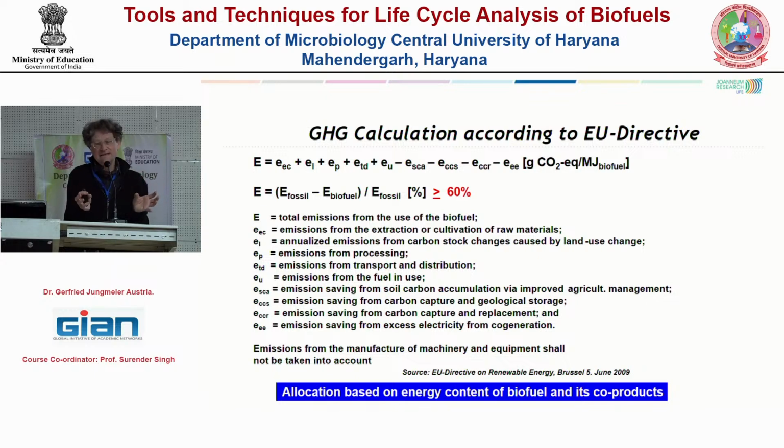So at least it's not a real LCA, it's more a well to wheel consideration, because the well to wheel mainly considers the operation phase from agricultural production to the vehicle, but not including the production and the dismantling of the facilities. But as you've seen before, the vehicle production roughly makes 50 to 20% in the overall system. So at least these values are 50 to 20% better, compared to a total LCA.